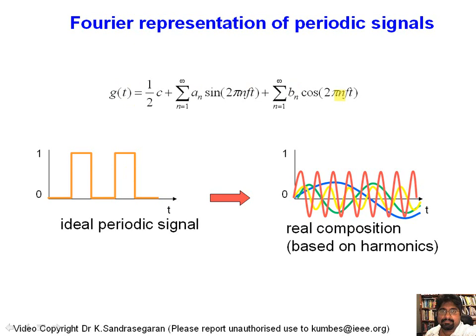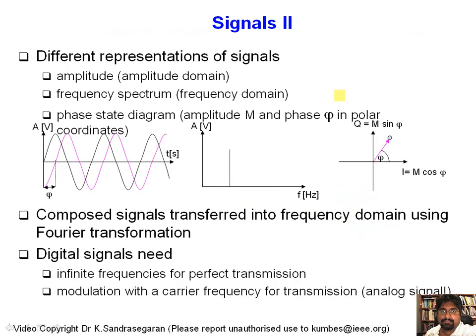So the spectrum of an ideal periodic signal would have an infinite number of components, and when you transmit it through a band limited channel, some of the components will be truncated. So at the receiver, what you'll end up with will be a truncated version of this ideal periodic signal.